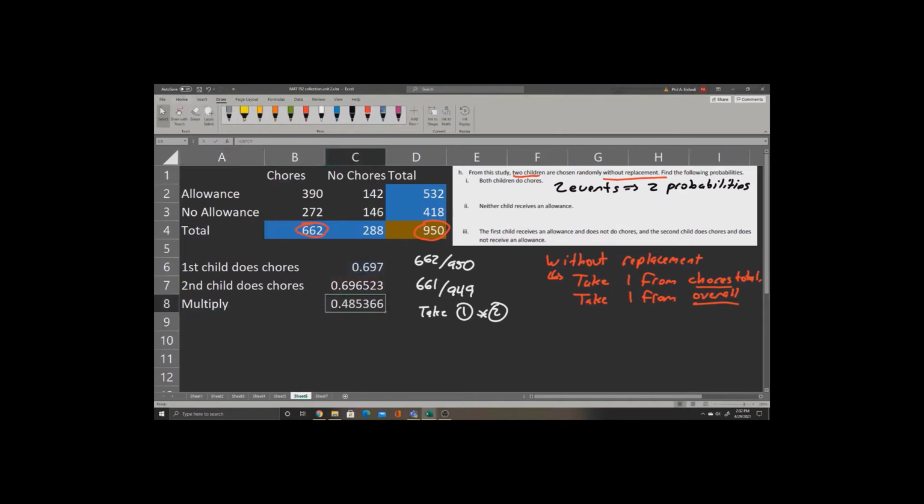This gives us a probability of both children doing chores as 0.485366, and we can reduce decimals a few times as well. So you can see that the probability of two children in a row doing chores is significantly less than one child doing chores. It's a difference of about 21 percentage points.